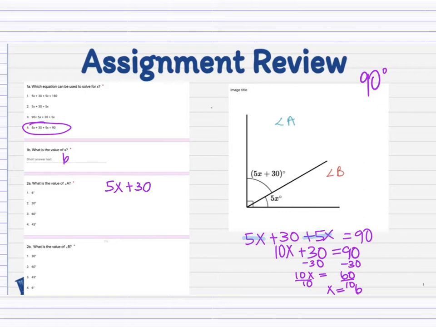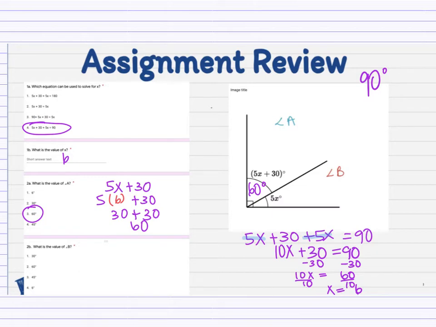I'm going to replace the x with 6. So then I have 5 times 6 plus 30. 5 times 6 is 30, plus 30 is going to give me 60. So the value of angle A is 60 degrees. So this angle here is 60 degrees.